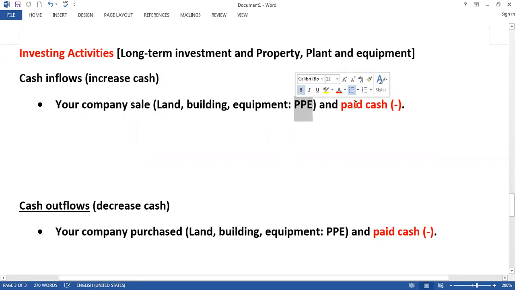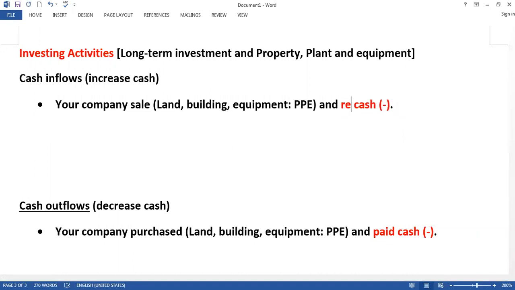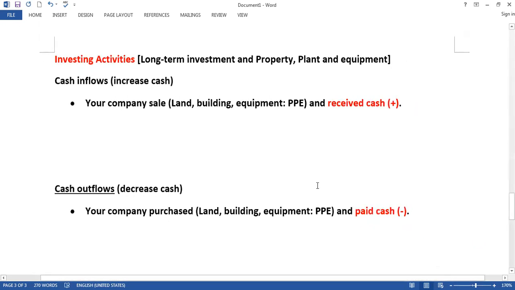And if you sell your land, if you sell your building, you can receive cash, so your cash increase. So try to compare these two items. Your company purchased property, plant, and equipment and paid cash, and your company sell some property, plant, and equipment and receive cash. Do you understand? So one increase your cash and another decrease your cash.